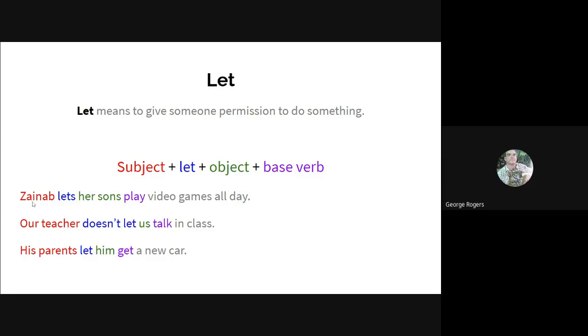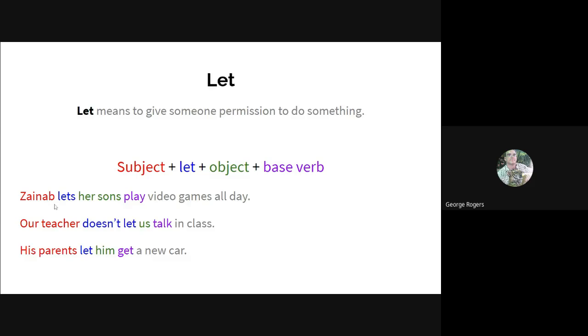First person is when you're talking about yourself. Second person is when you're talking to somebody on the phone or directly in front of you. Third person is anybody else. And when it's third person singular, one person, that's when you have to use the S.